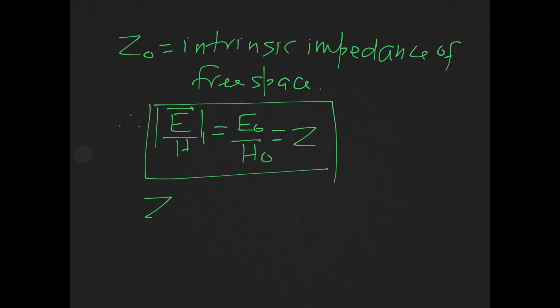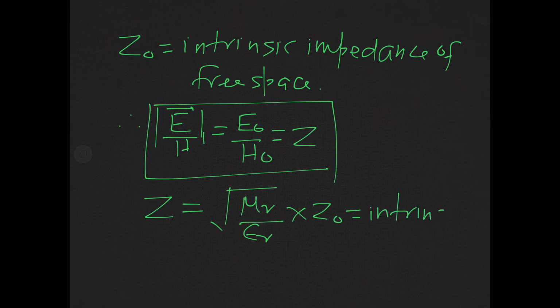We have written this Z instead of what? You can see this Z is equal to root over mu r over epsilon r into Z naught. And this is actually known as intrinsic impedance of the medium.